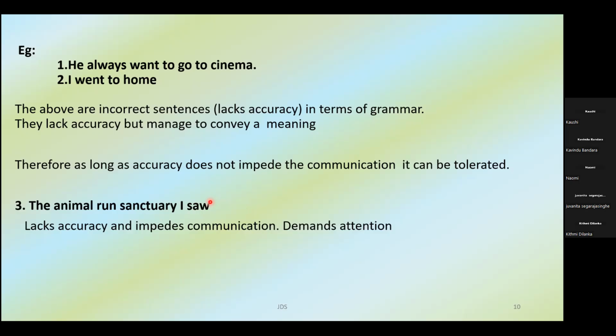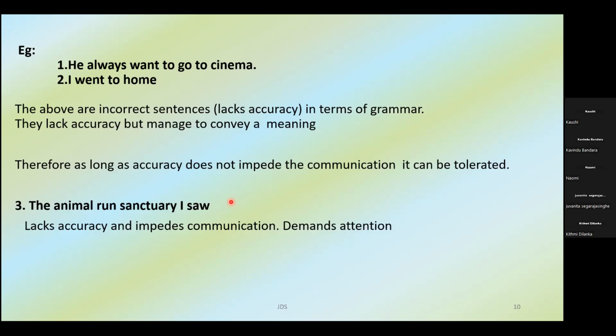So there are several interpretations possible. Thereby, this sentence, or this utterance, more than a sentence, in speaking it's an utterance, is not conveying a clear-cut idea. Hence, you can't consider it as a fluent sentence. It lacks accuracy and it lacks fluency as well.